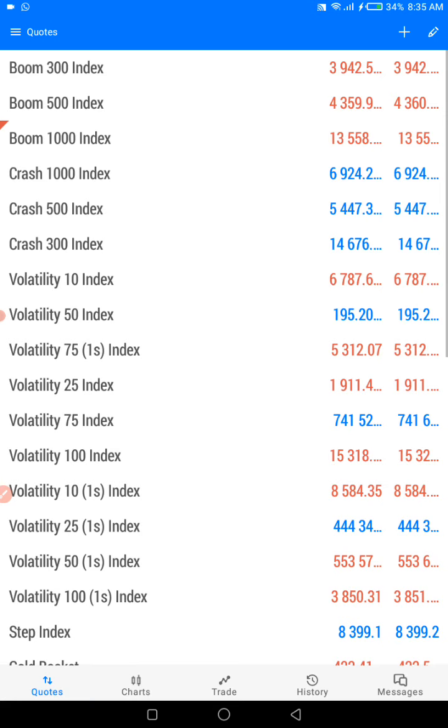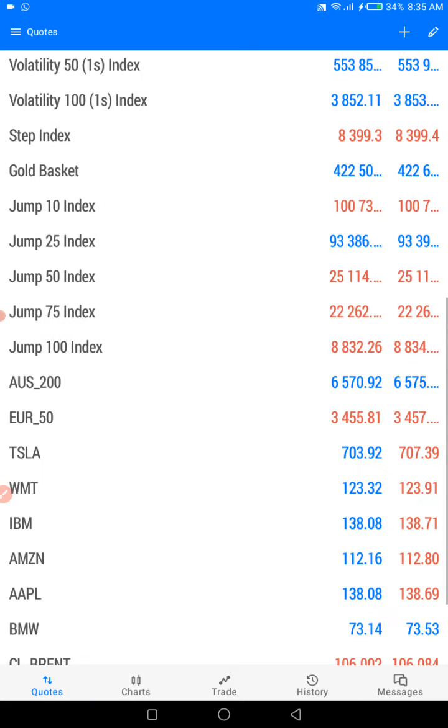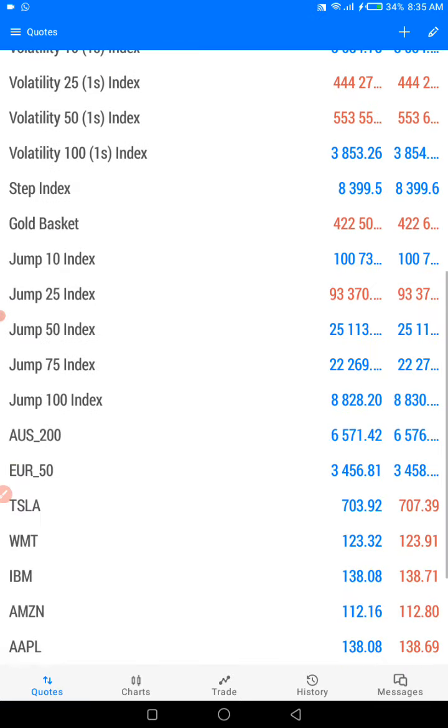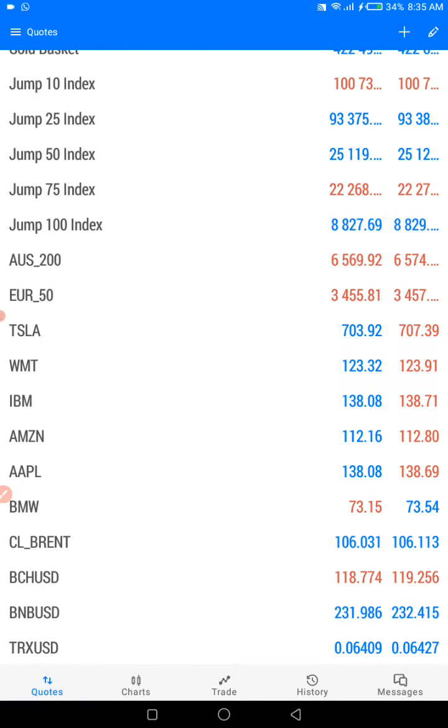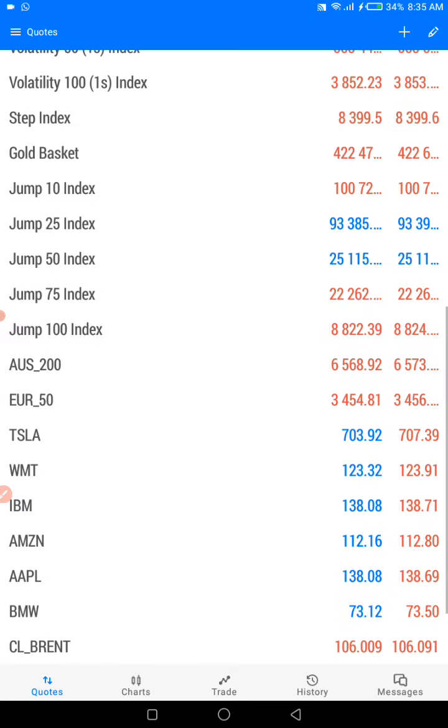For those of us who are new to this, this is what I want us to look at this morning. It is very volatile. If you can catch 1, 2, 3 candles, you'll be in a lot of profit. And you don't trade this market with small equity. You trade it with good equity in your accounts.